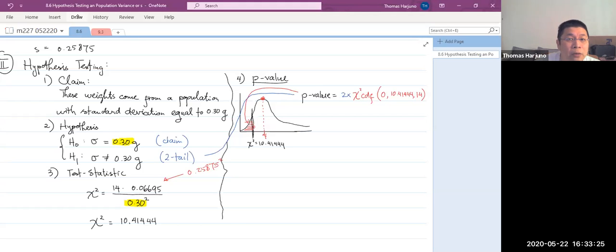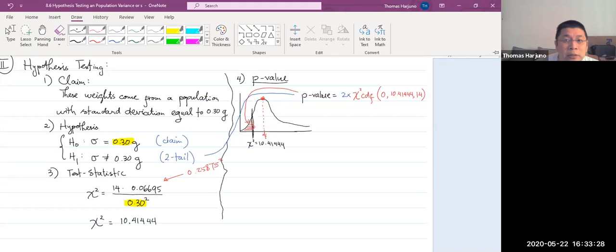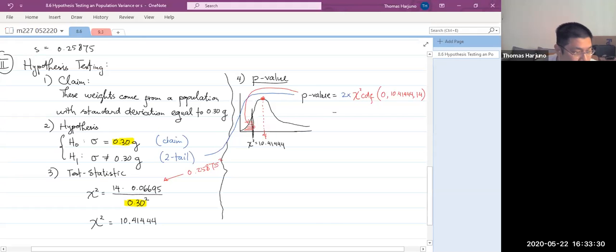The p-value I get is 2 times, why do I get something strange? 2 times 0.26870.